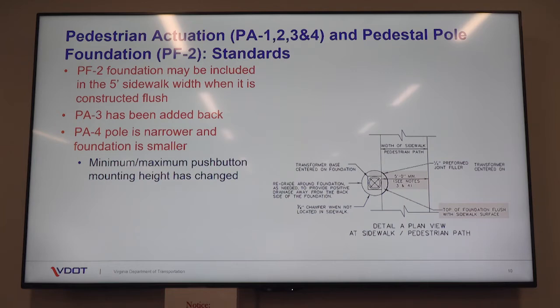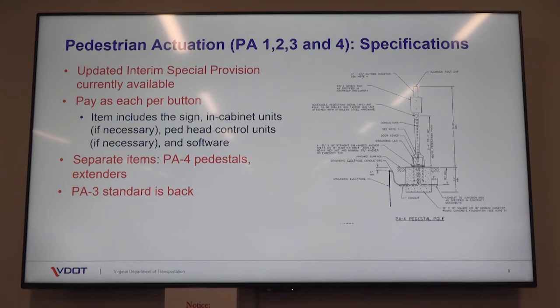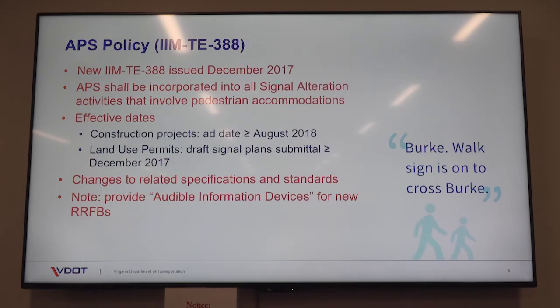Yep, go ahead. I have a question. For that 10-inch maximum reach distance, that's pretty much saying that we cannot put the push button on the signal pole. Is that correct? Yeah, so that's why there are a lot of other options now with the PA 3 and 4.